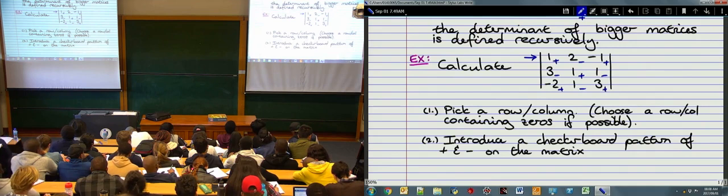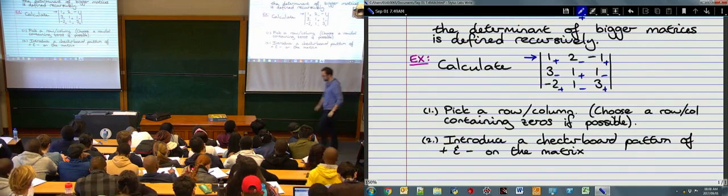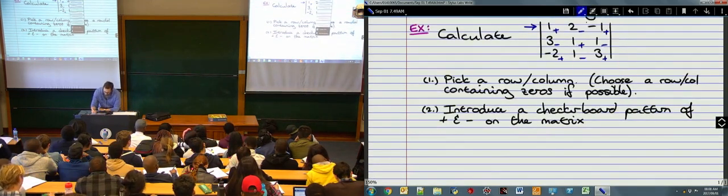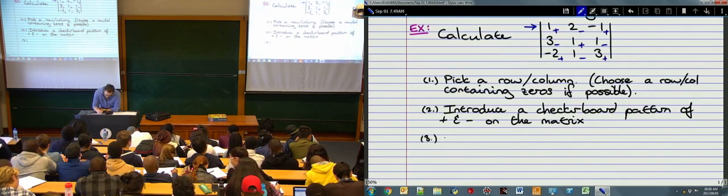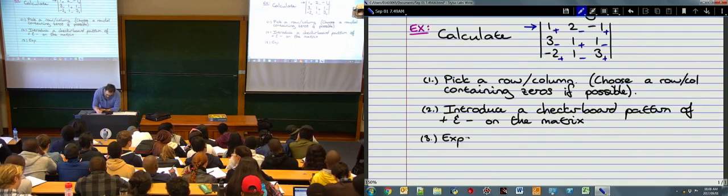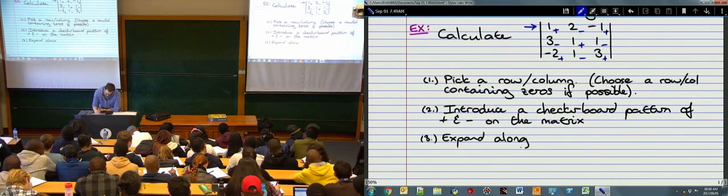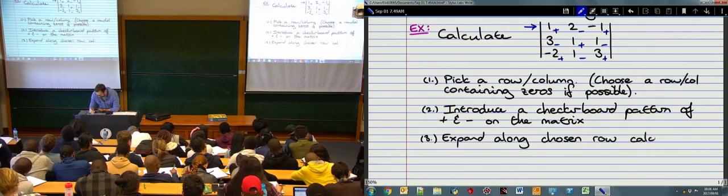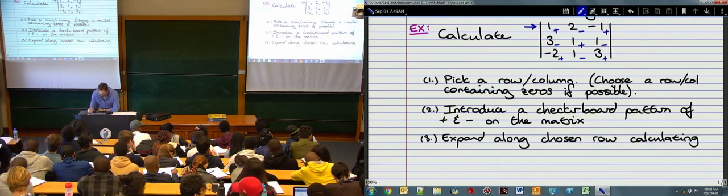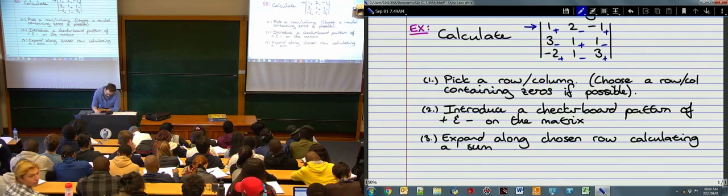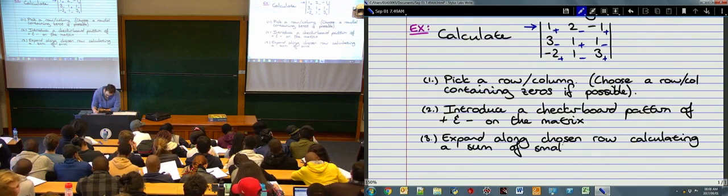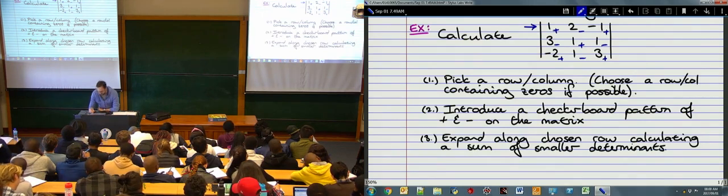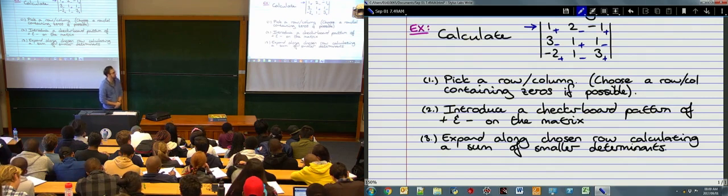And now what we do is we expand along this row and we calculate a sum along the chosen row, calculating a sum of smaller determinants.